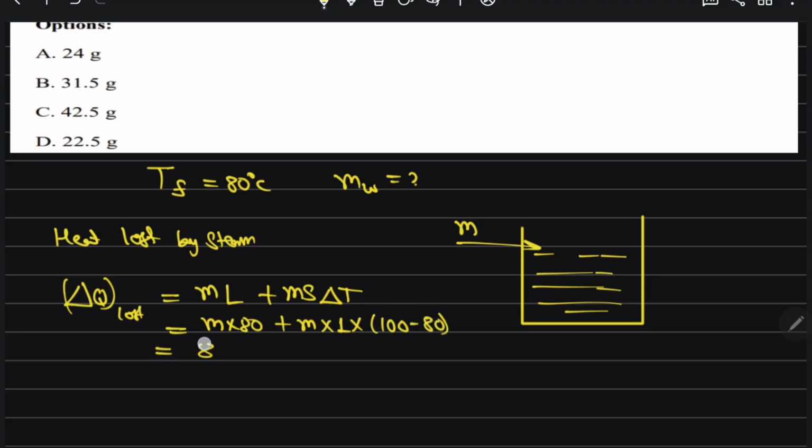So this comes out to be 540 m plus 20 m, so this comes out to be 560 m.